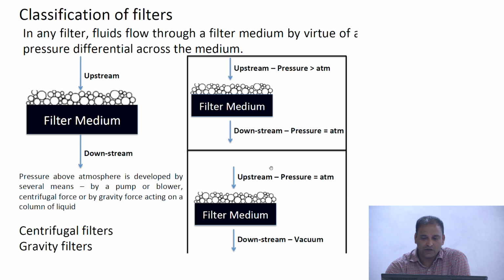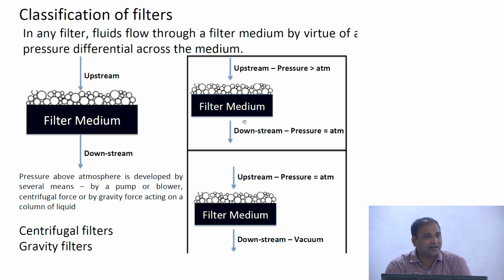Or you can have a case where your upstream is maintained at atmospheric pressure, however at the downstream you apply a vacuum. In both cases you're applying a pressure difference, and the flow of liquid through the filter medium occurs because of this pressure differential.